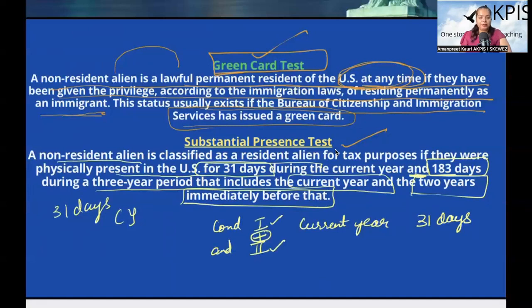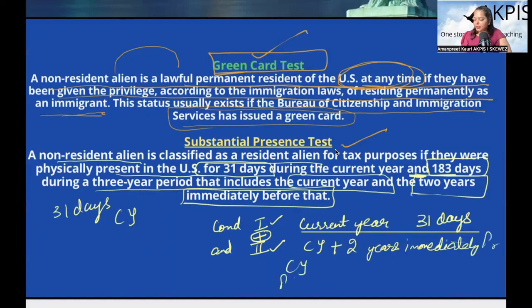So if you're there in the current year for 31 days, and for the current year plus your 2 years immediately preceding, that means current year, previous year, then again the year before that, you're there in the United States of America for at least 183 days. That means you are there in the current year for 31 days, and at the same time, over the current year plus the 2 preceding years, you are there for 183 days.